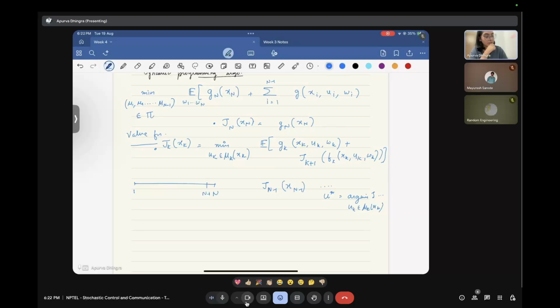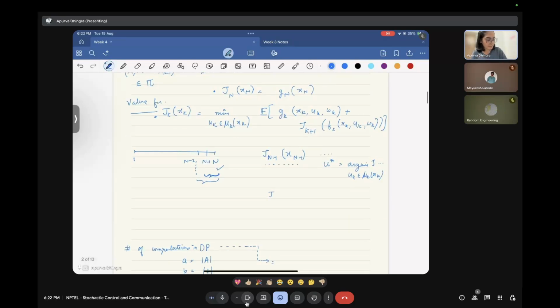Whatever we got here is something that we're going to keep using. In the next step, first we got this, then we're optimizing over 2 steps now, so n minus 1 and n. After that, we'll optimize over n minus 2 till the last point. So we are increasing what we are optimizing over.